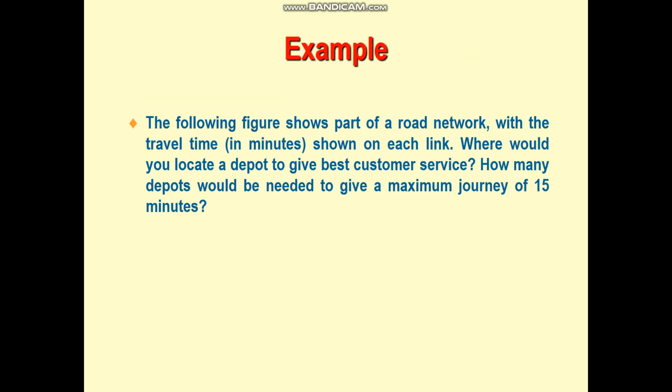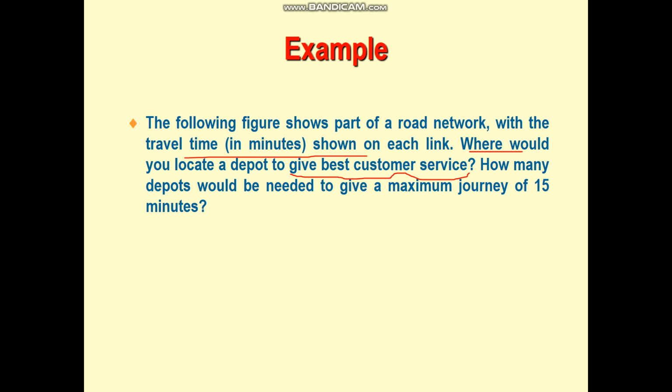So let's look at this example. We have a figure that shows the travel time between two towns. Then the question is, where would you locate a depot to give the best customer service? The best customer service here is measured by the delivery time, so it is equal to the shortest delivery time.